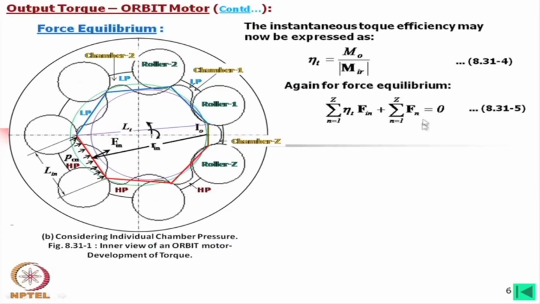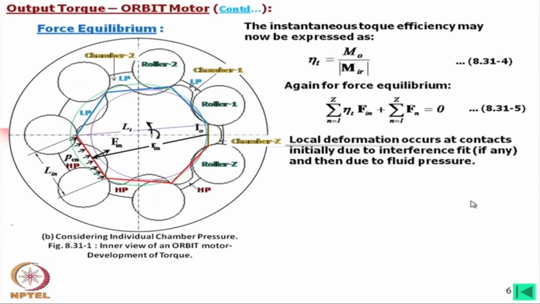So, we can write the equilibrium in this way. Now, if we consider this is due to the ideal pressure, then this factor is 1, and we will find this force is equal to the pressure force. But actually we will find that whatever force is there, it is more than the pressure force.